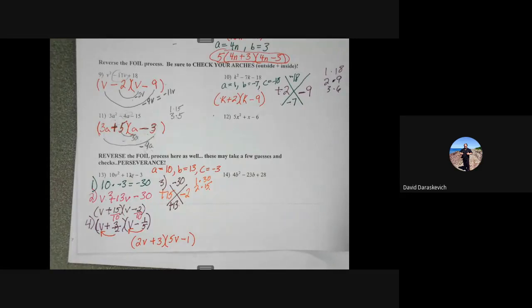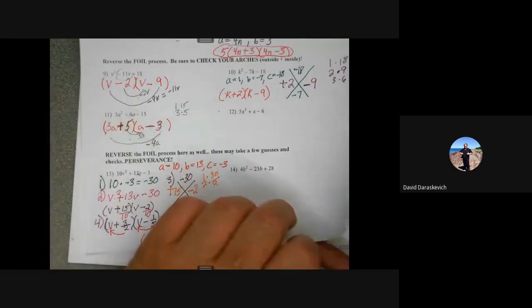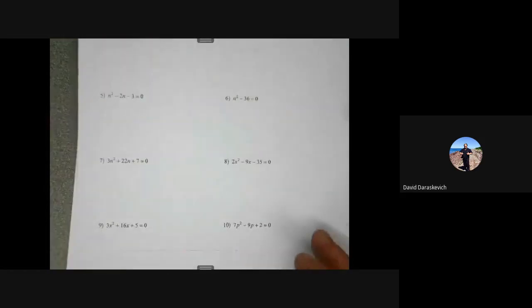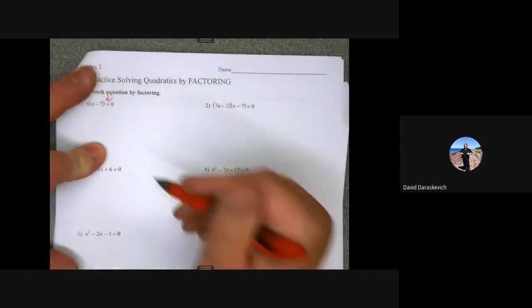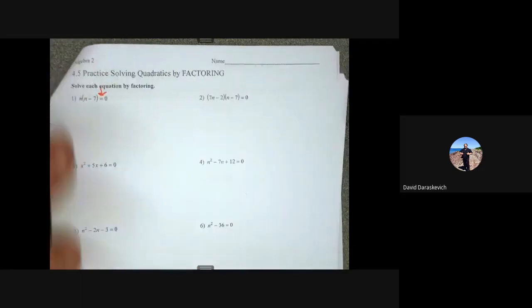So that was revisiting 4.4. Okay. 4.5 takes it a step further in that you have to solve by factoring. So that means you get an equal sign, right?